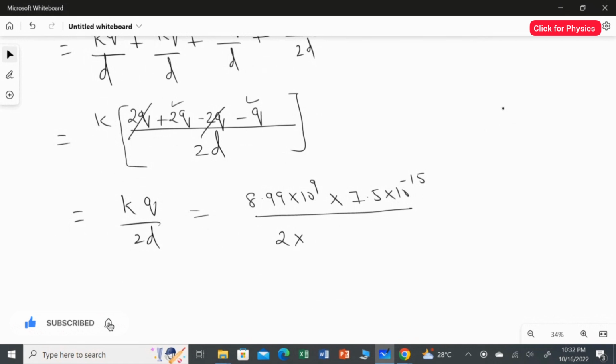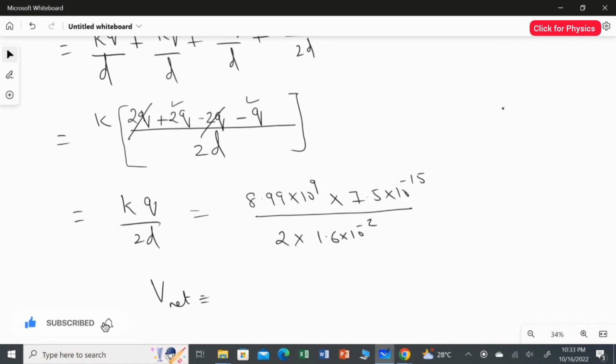So we have to convert it to 1.6 multiplied by 10 to the power of minus 2 meter. So our net potential for these four charges at a point P is given as 8.99 times 10 to the power of 9 multiplied by 7.5 times 10 to the power of minus 15 divided by 2 multiplied by 1.6 times 10 to the power of minus 2.